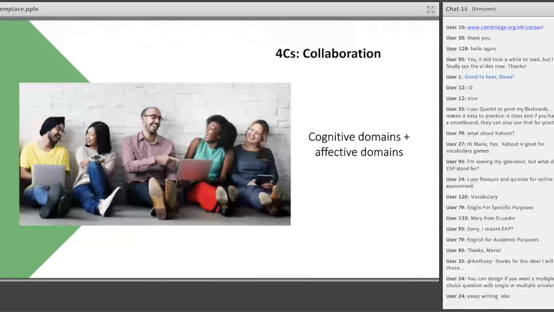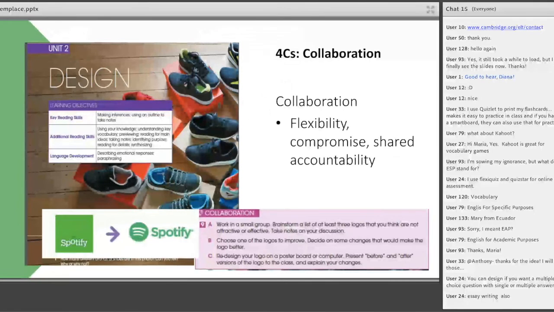And for this digital generation, it is especially critical. However, research shows that there is a lack of explicit instruction in this area in EAP courses. So how can we build this very necessary skill?